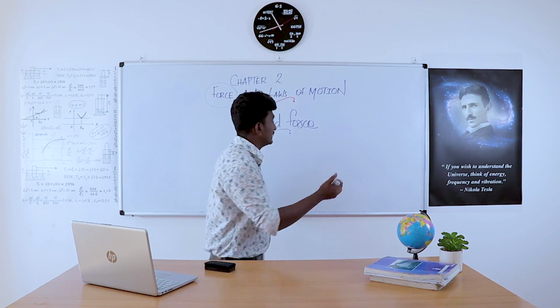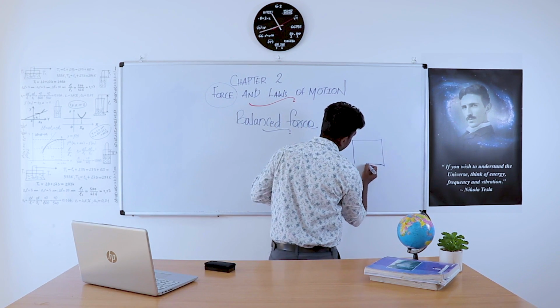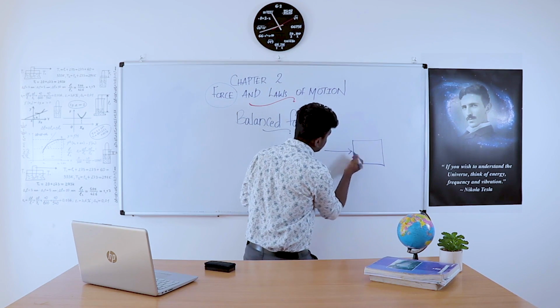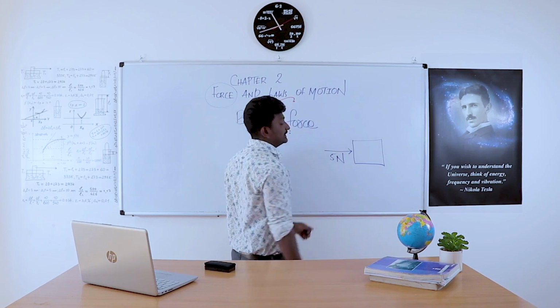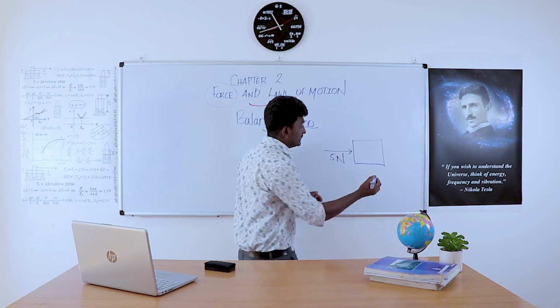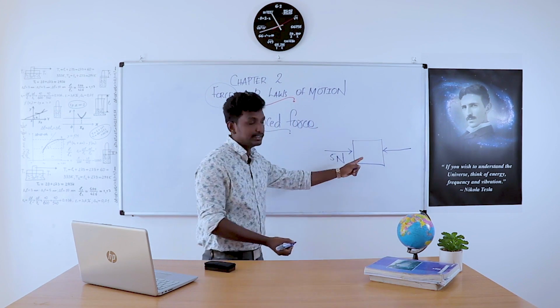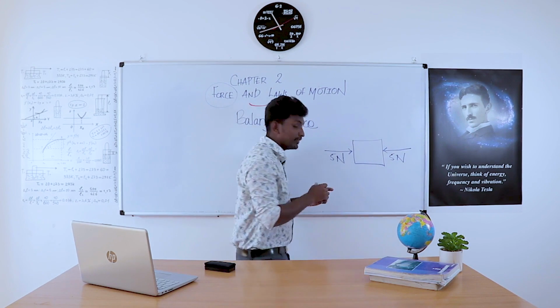For example, consider this as our table. I am applying a force from this side, and just think the magnitude of that force is 5 Newton. And you are applying a force from this side like this, and the magnitude of the force you are applying is also 5 Newton.